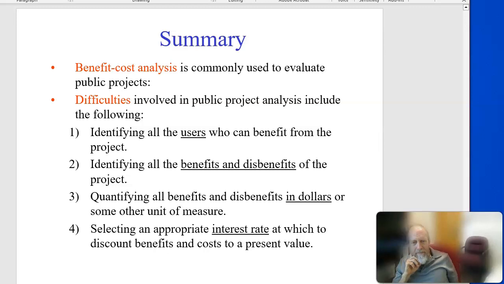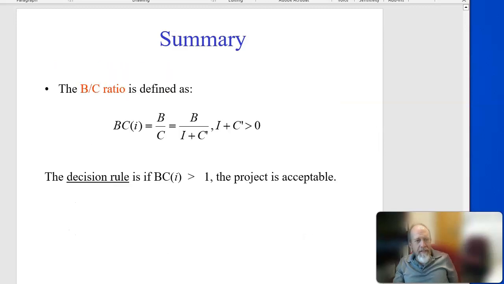Quantify them, hopefully into dollars. Select an interest rate at which to use for discounting to a present value. And there you go. That's pretty much it. There's the equation, and you got a nice easy decision. Is BC of I greater than 1? Is it a good project?